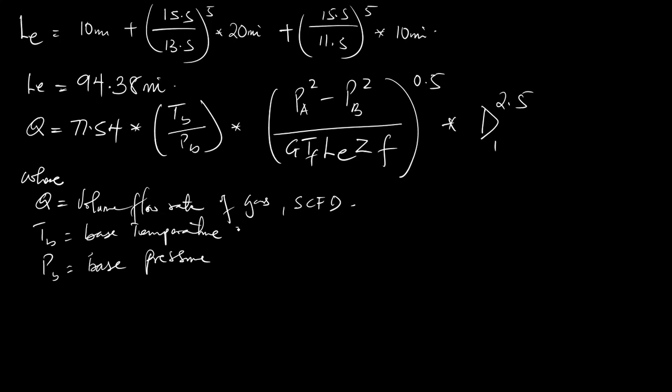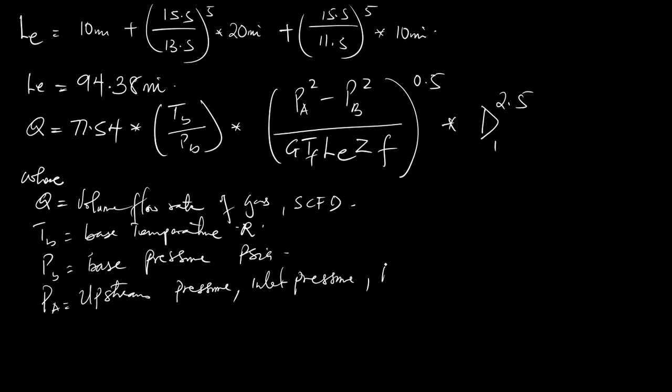The base temperature is in Rankine. The base pressure is in PSIA. Now we have the pressure A, which is the upstream pressure, or the inlet pressure, and this should also be in PSIA.